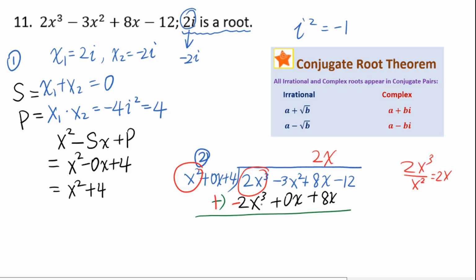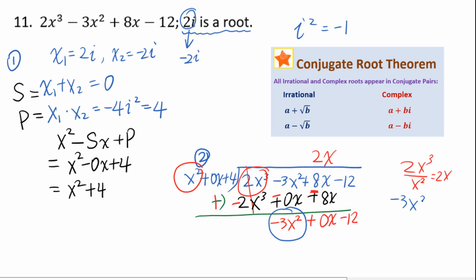The negatives cancel, and we have negative 3x squared. 8x minus 8x will be 0x, minus 12. Still leading power, it will be negative 3x squared.